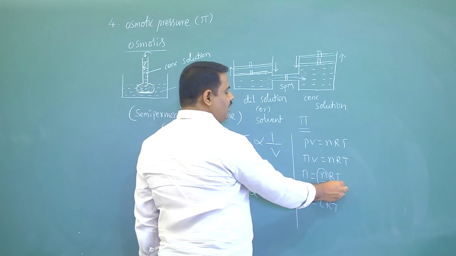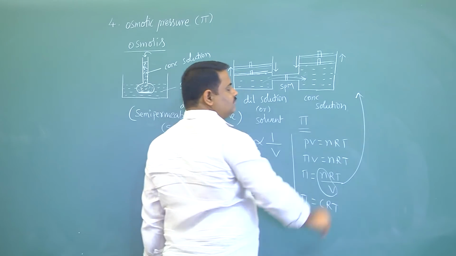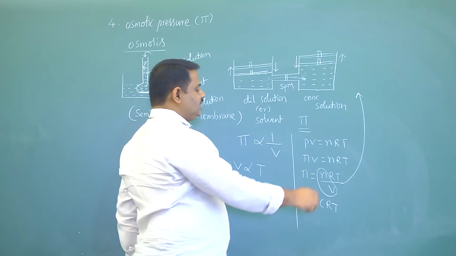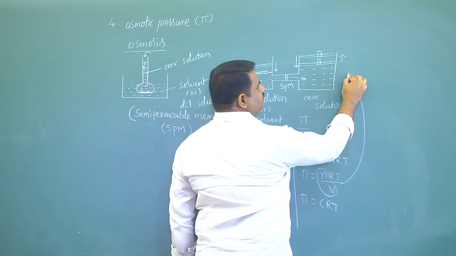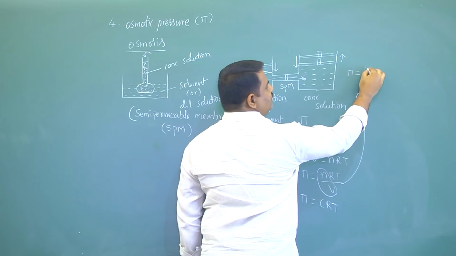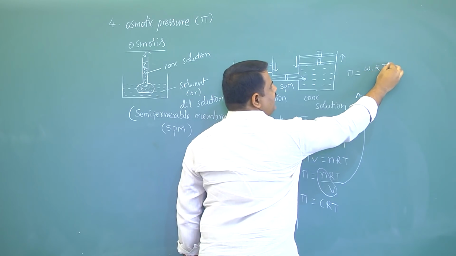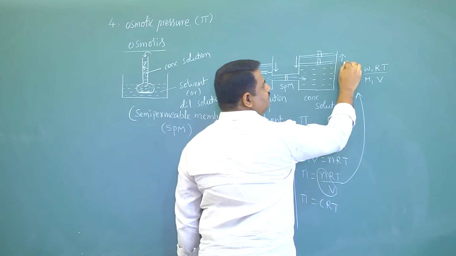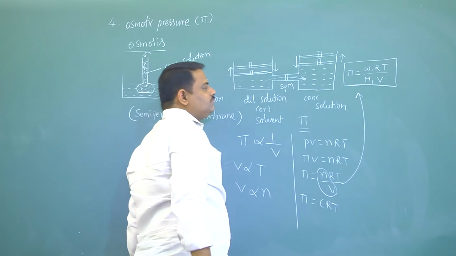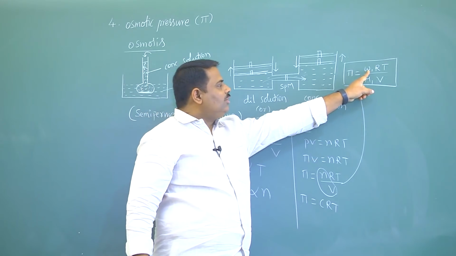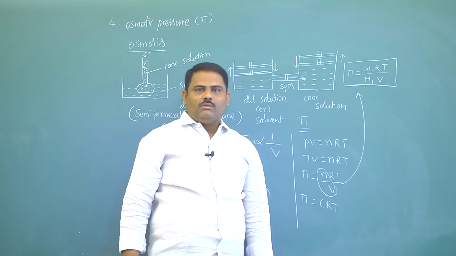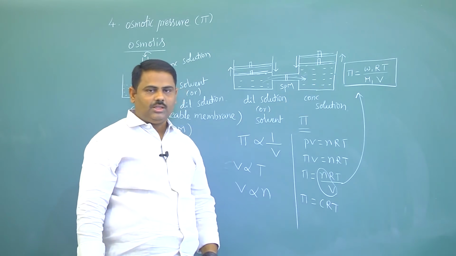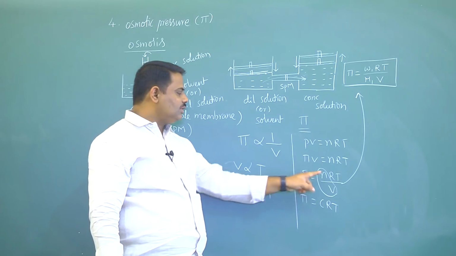From this formula, we can write another relation also. That relation is π = W1RT/(M1 × V). Here W1/M1 is nothing but weight of solute by molecular weight of solute, that is the number of moles of solute.